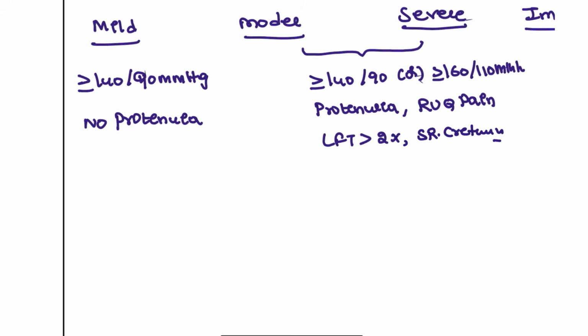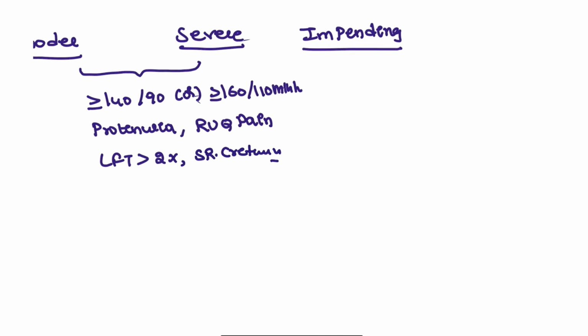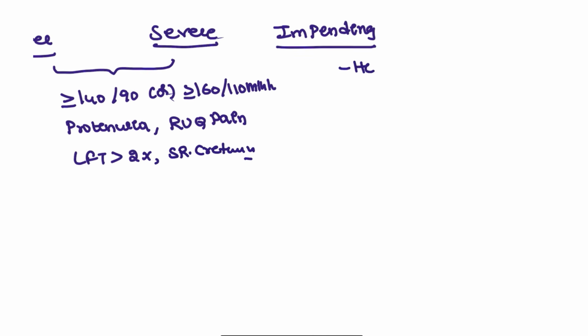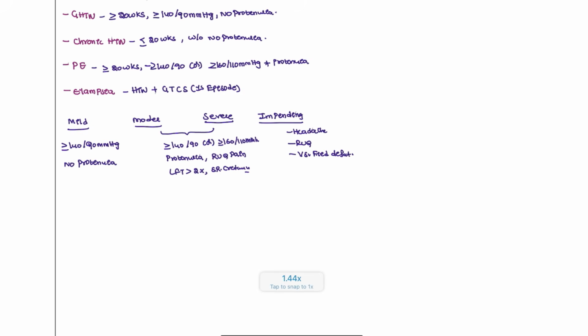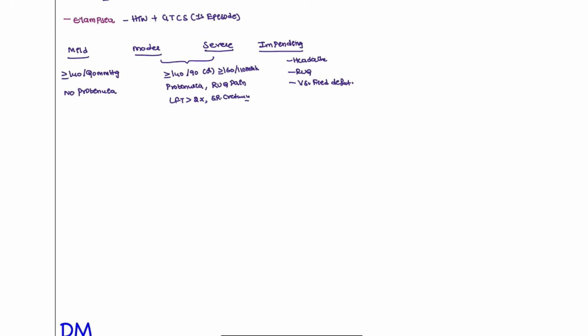All this is considered moderate to severe type. In impending eclampsia, the patient has symptoms of headache, right upper quadrant pain, and visual field defects. These are the impending eclampsia signs, where the patient might go into shock.